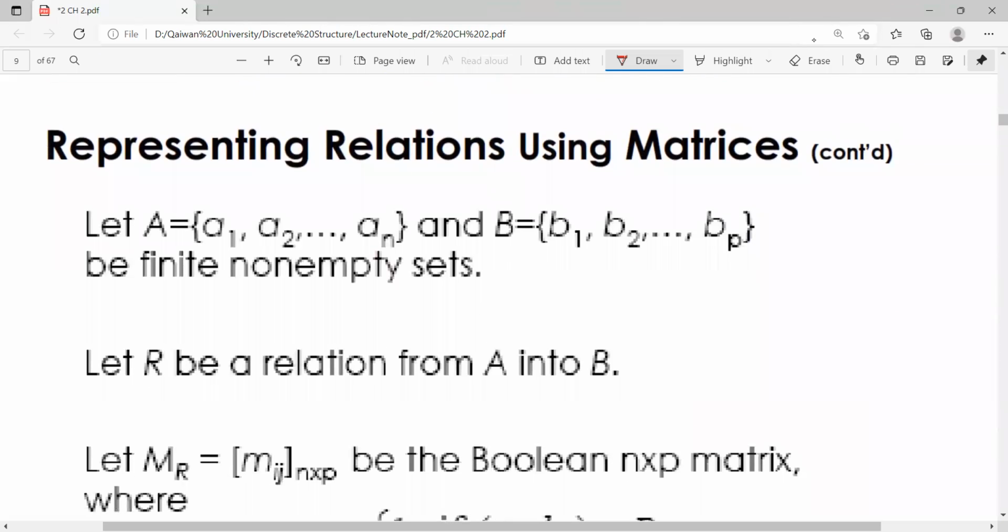We say if you have A to be A1, A2, A3 up to AN, and also B to be B1, B2 up to BP.